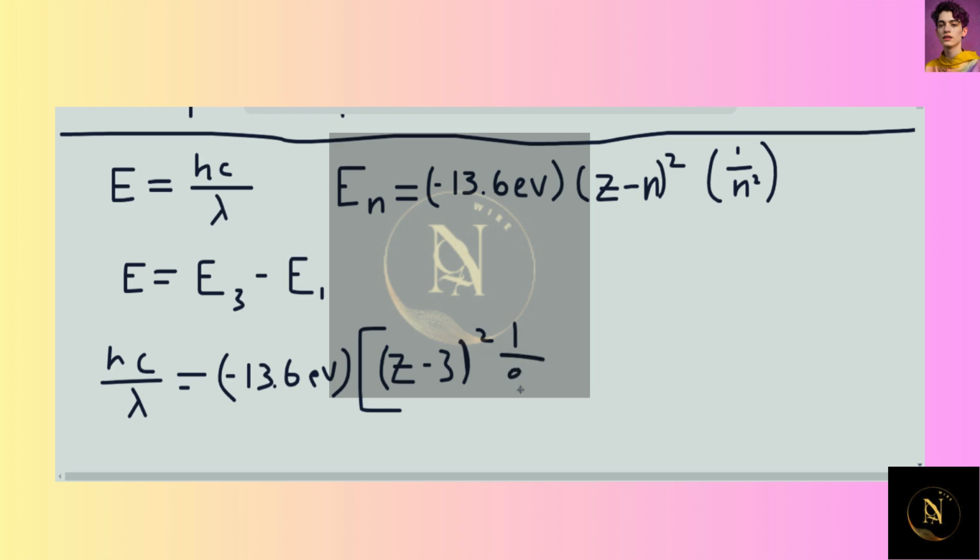Then we subtract from that Z minus 1 squared times 1 over 1 squared, which is just 1. So this is just Z minus 1 squared.